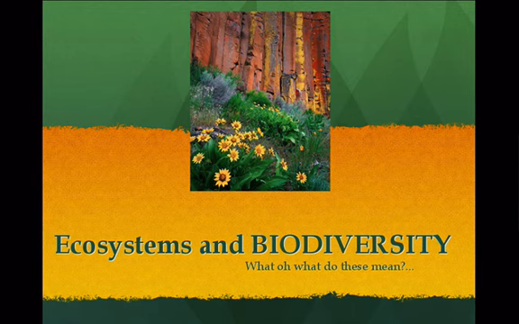Basically, out of this PowerPoint, I would like you to be able, by the end, to define an ecosystem and also explain the benefits as well as why ecosystems are necessary for human survival. I would like you to be able to define biodiversity as well as the 3 different scales of biodiversity, which we'll be getting into. And then also explain the technical difference between species richness as well as evenness.